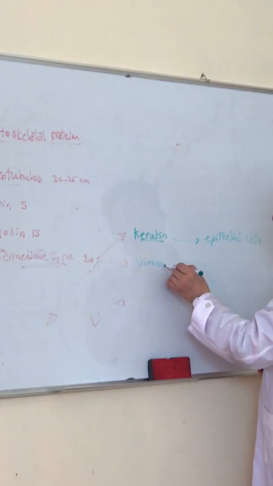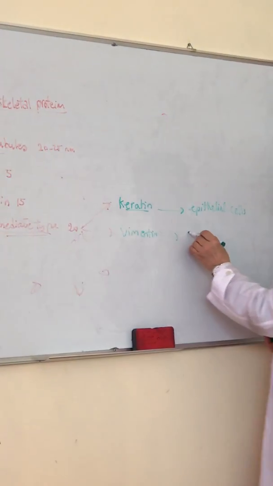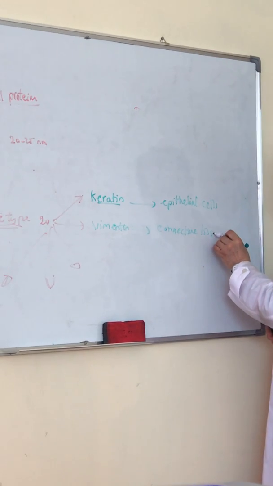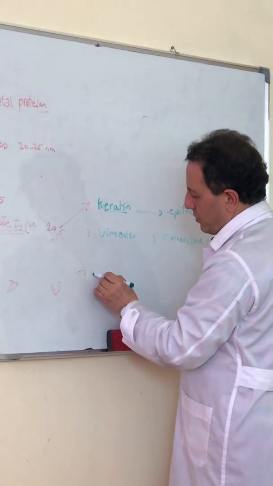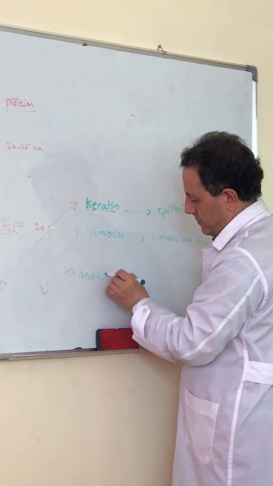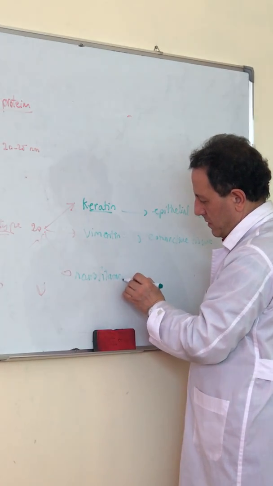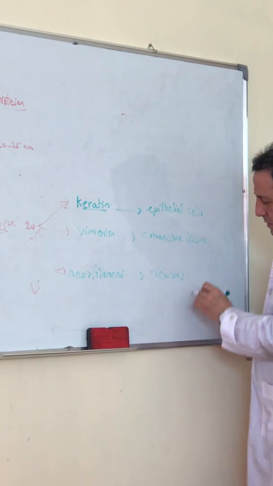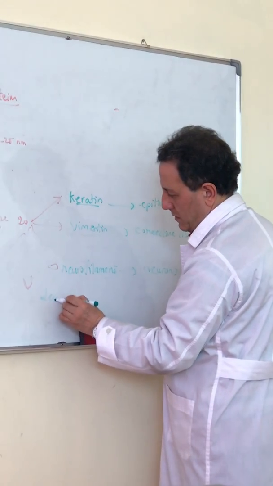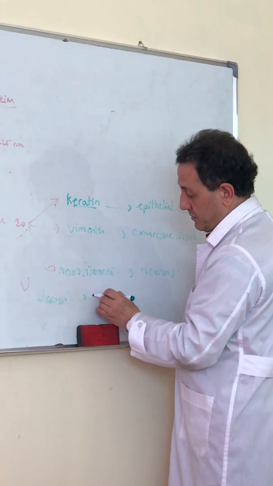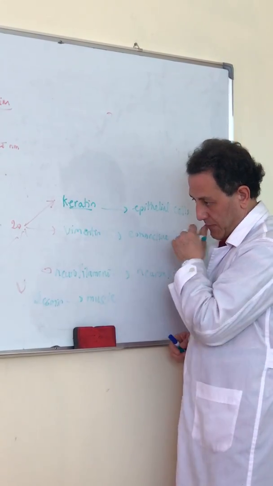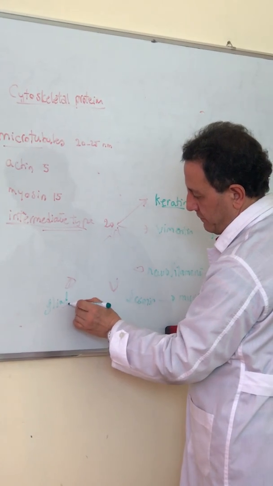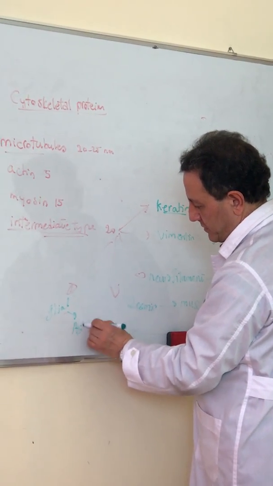Vimentin in connective tissue. Neurofilament in neurons. Desmin in muscle. And glial intermediate filaments in astrocytes.